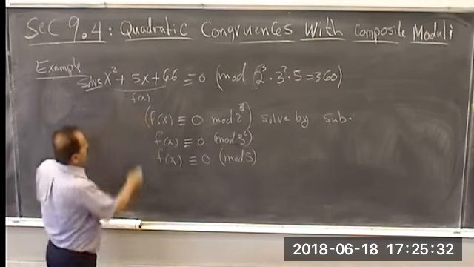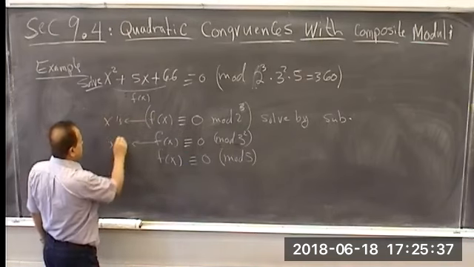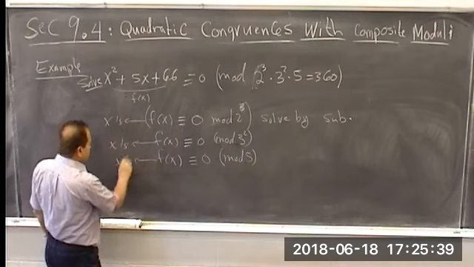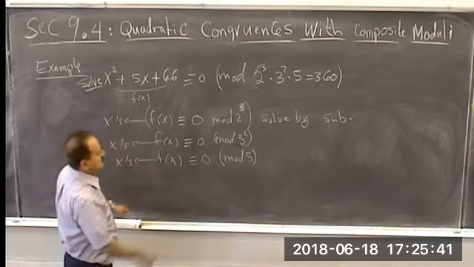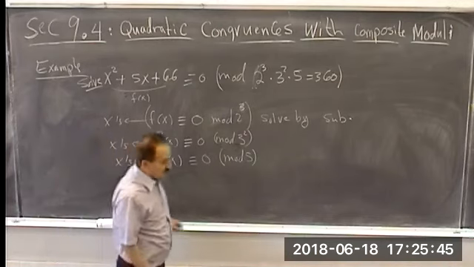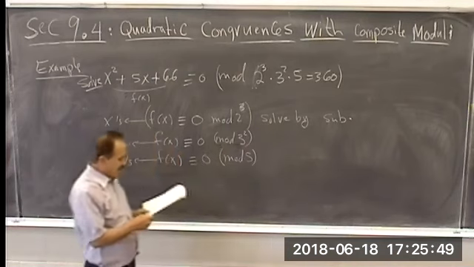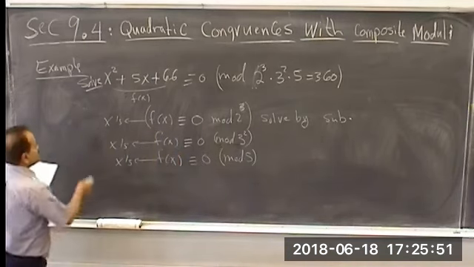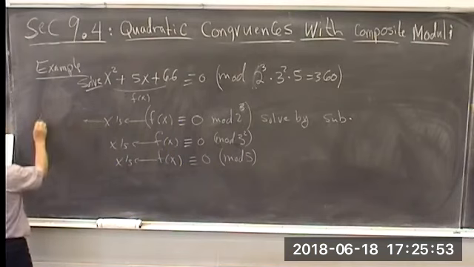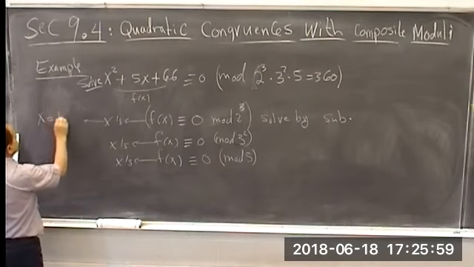And then once you find the x's for this, the x's for this, and the x's for this, this is where the Chinese remainder theorem is going to come back again. And it turns out, after you do all of this, that the solution for this one is x equal 1 and 2.